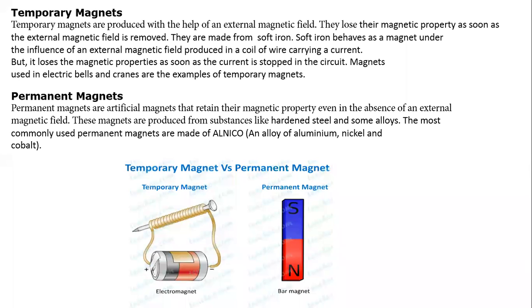The most commonly used permanent magnets are made up of AlNiCo, which means an alloy of aluminum, nickel, and cobalt. So aluminum, nickel, and cobalt. You got it, everybody?